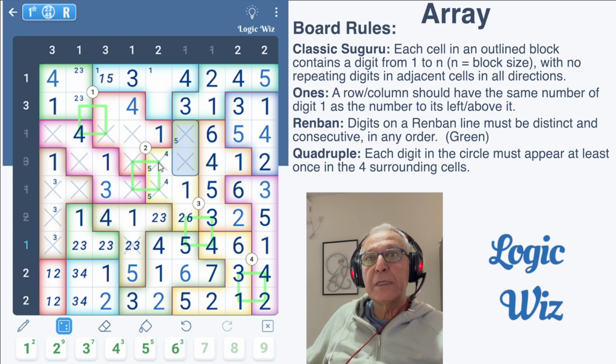Six cannot be here. It can be in these 3 cells. And the remaining digit is 2, which at least for now can go in all of them.